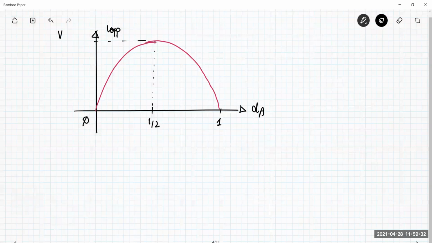The maximum value is Vd over 4 La fs. This is for the four-quadrant bipolar pulse width modulation.